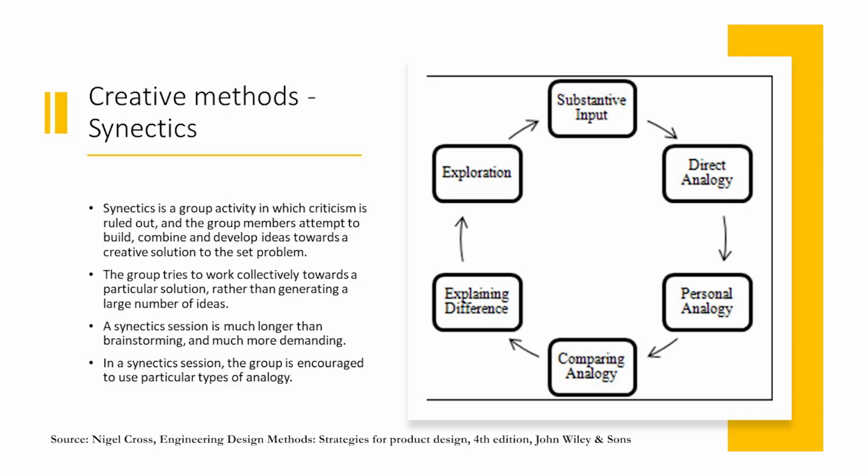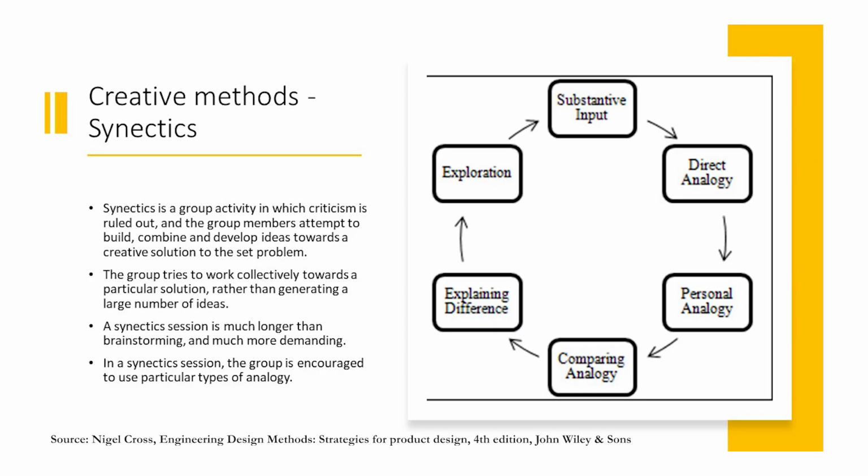So, you have some substantive input and you can use direct analogy, personal analogy or comparing analogy to explain your ideas. You can use some analogy with some situation you have or a story from your life.